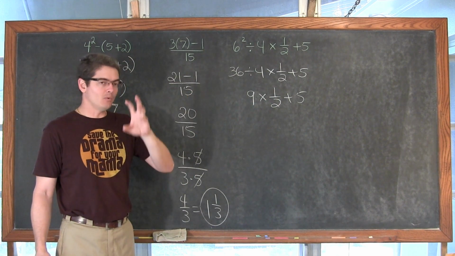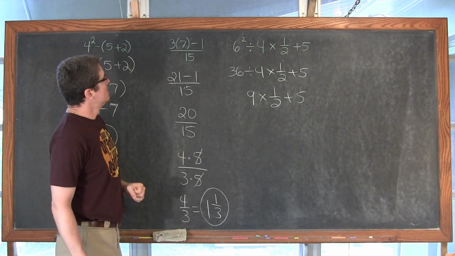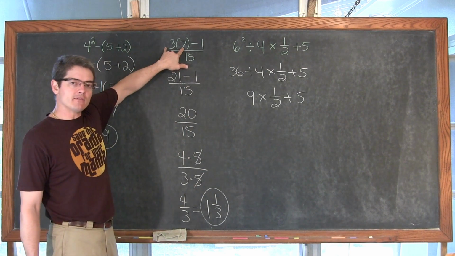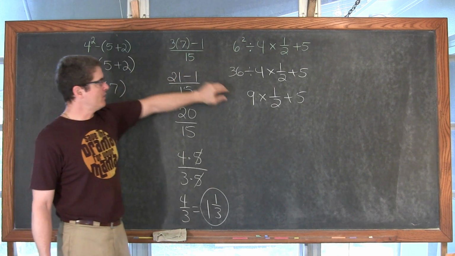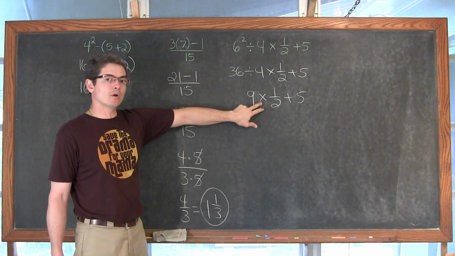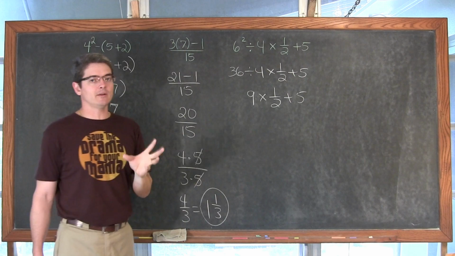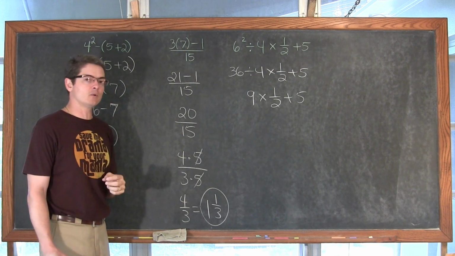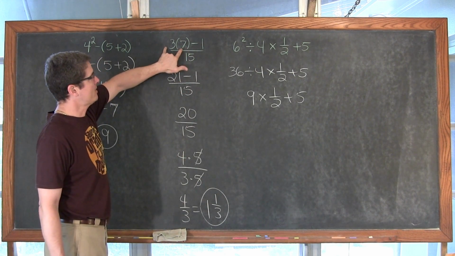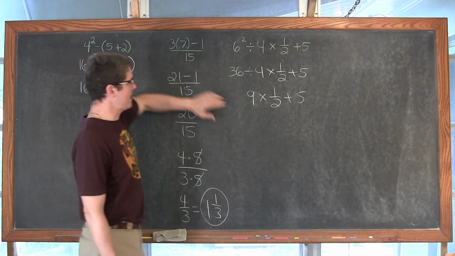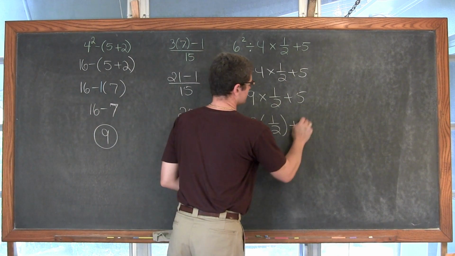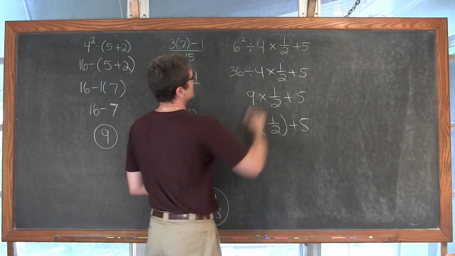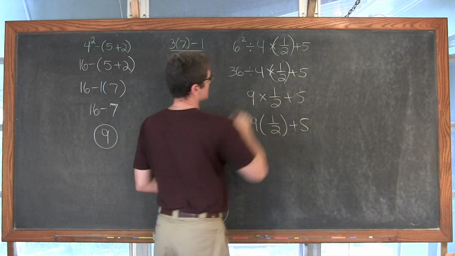This is really a better way of writing multiplication now that you're going to start writing variables all over the place, because is this a multiplication symbol or is it the letter x? It's going to be confusing, especially if your handwriting is a little bit sloppy. So I prefer writing my multiplication like this, with 9 times 1/2 plus 5, and I could have written that all the way up here as well.